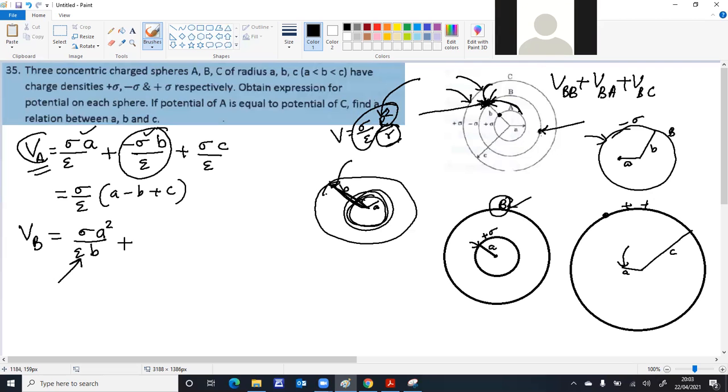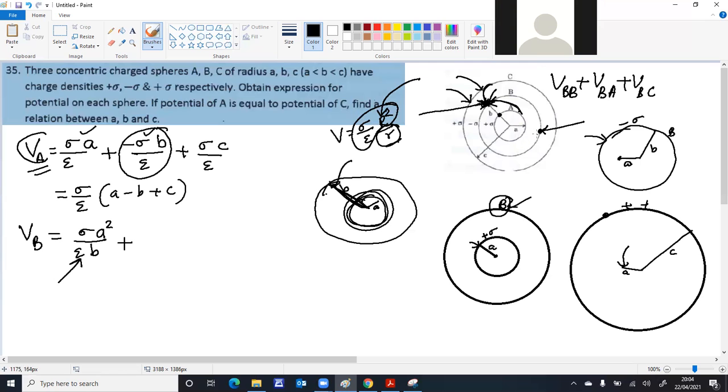If you are not clear, I don't mind. I'm explaining slowly, so you should confirm, yes or no, no issues in that. This point is affected by A, affected by B, affected by C.